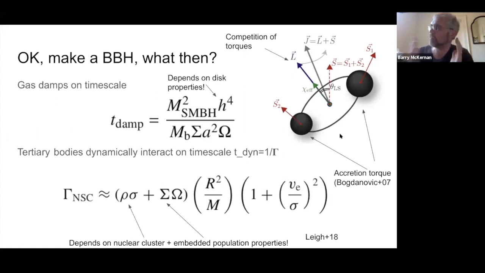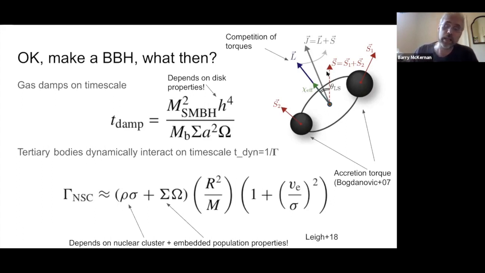In terms of physical intuition for what's going to happen to your binary, you want to think about a couple of things. There's gas around this binary, so these two objects, mass m1 and mass m2, are going to accrete gas. That's going to torque the spins towards alignment with the orbital angular momentum of the gas of the disk. So this arrow S1 is going to torque, and this arrow S2 is also going to torque. That's going to depend on how much gas you can cram onto these things.